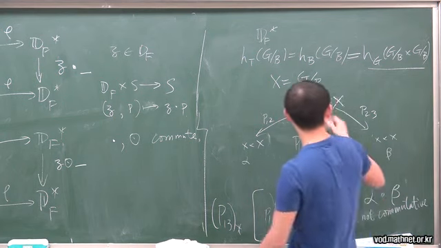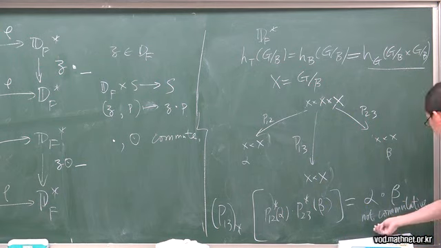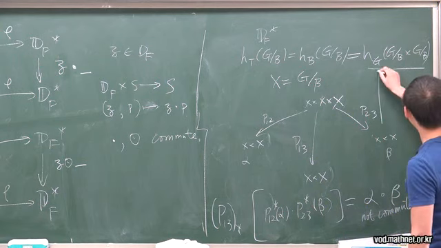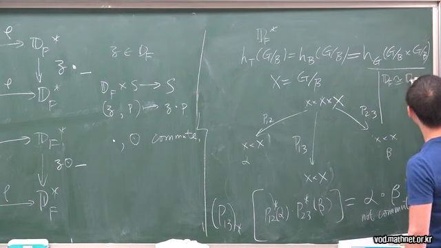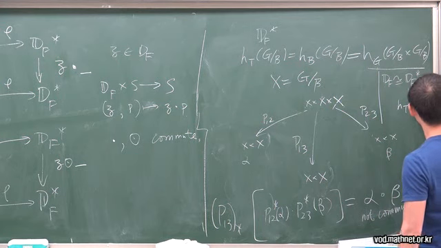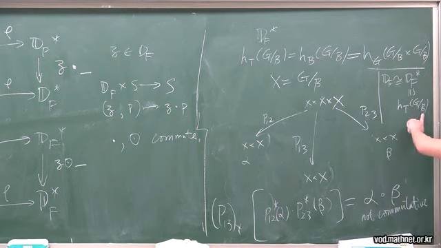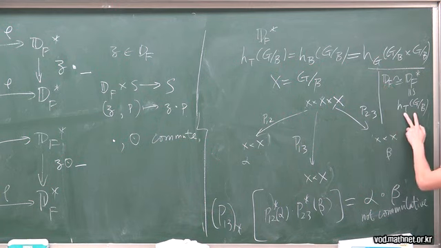And this non-commutative convolution product reflects the fact that TF star, so we know we have such a nice morphism, and this is not commutative. Actually, this non-commutative product comes from the non-commutative convolution product here.